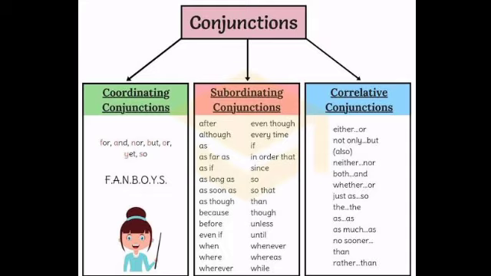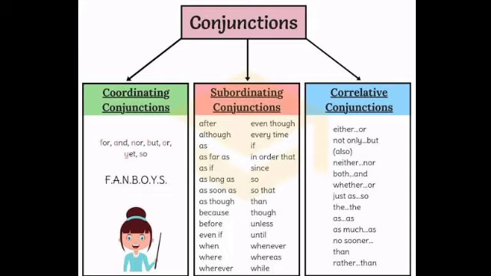And subordinating conjunctions are: after, although, as far as, if, as long as, as soon as, though, because, before, even if, when, where, wherever, even though, every time, if, in order that, since, so that, than, though, unless, until, whenever, whereas, and while.